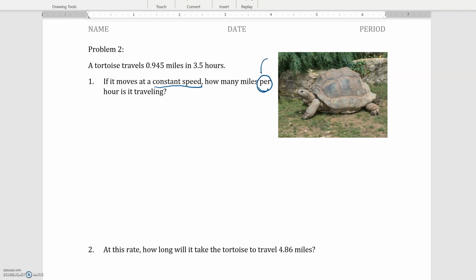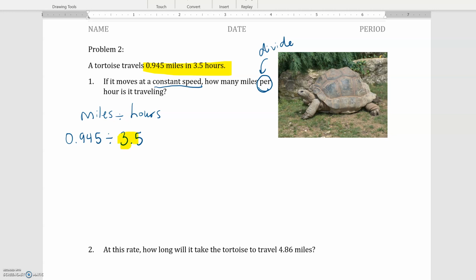So this word per stands for divide. So it's asking us to find miles divided by hours. So looking at our problem here, we need to make a division problem that has miles, which is 945 thousandths, divided by hours, which is 3 and 5/10ths.